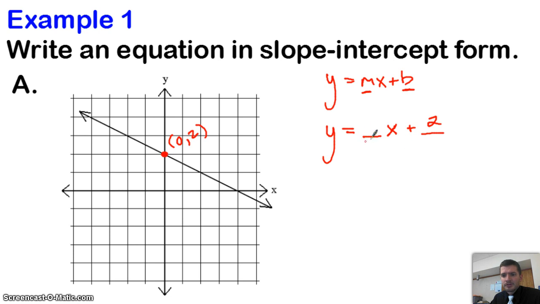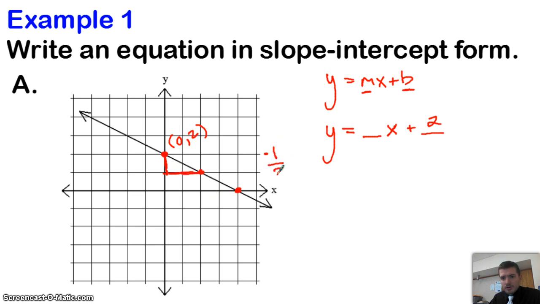Alright, now we have to figure out the slope. In order to figure out the slope from a graph, you want to look for 2 points that hit cleanly. I've already got one right here, and I'm looking right here, looks like another one. So we're just going to find the slope. We're going to go down 1, so I know it's going to be -1 on top, and then over 2.